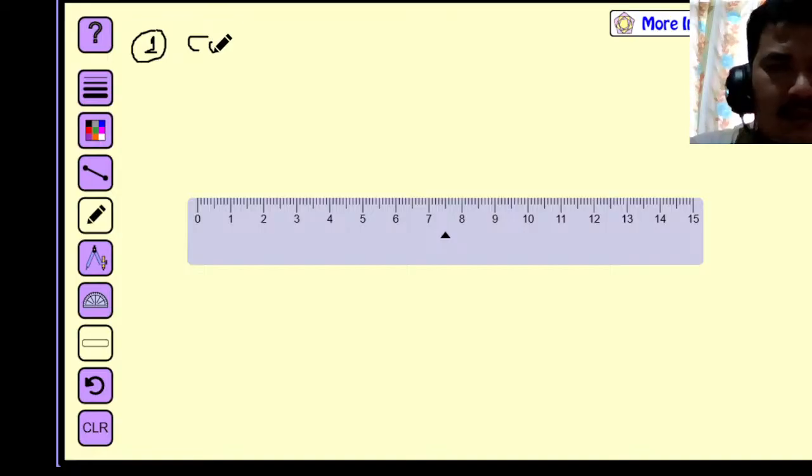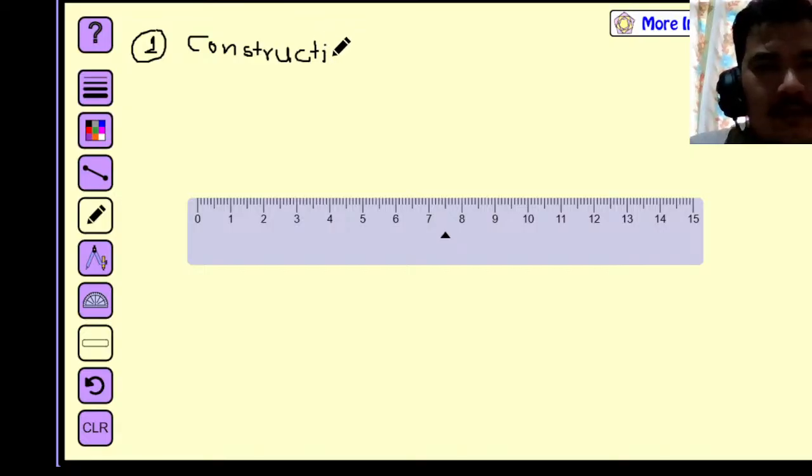It's a construction idea. Construction of 60 degree angle. This I'm going to show you here.